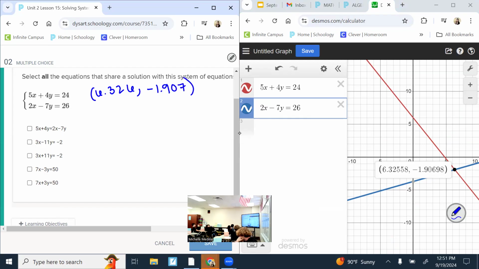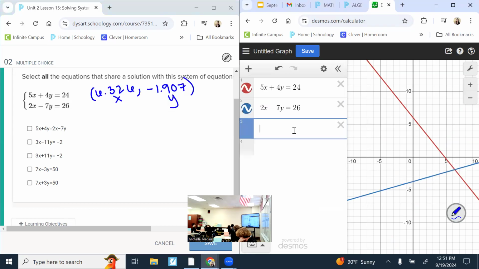Okay, so that's my solution to the system. The rest of these are only single equations, but if they have the same solution, then they would also intersect at this point, meaning that they also have this matching coordinate. So we're just going to type them in, and if they do share it, then I'll select it. But we do have to check them all.